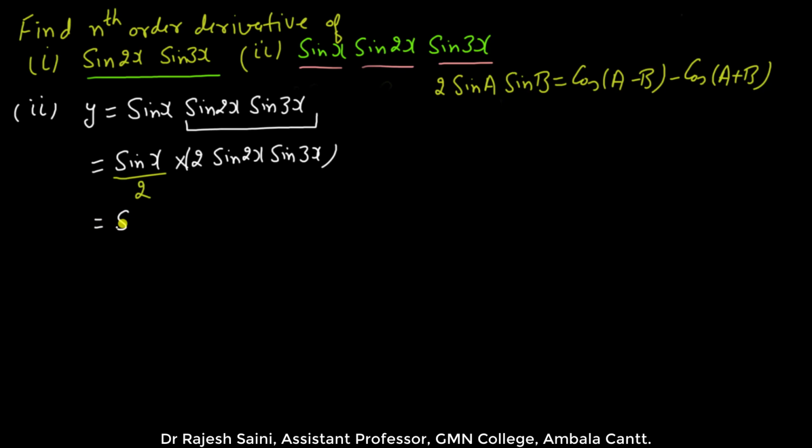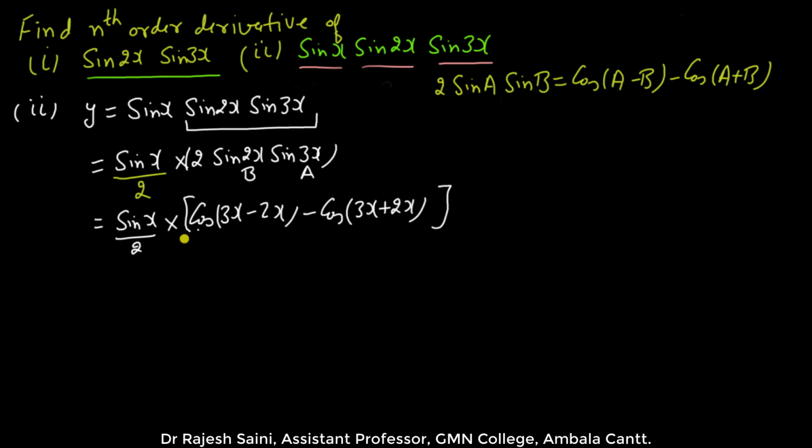So this will be further equal to sine x, and so you will write cos of, this will be assumed as A, this will be B, 3x minus 2x minus cos 3x plus 2x, and this will be closed in the parenthesis.